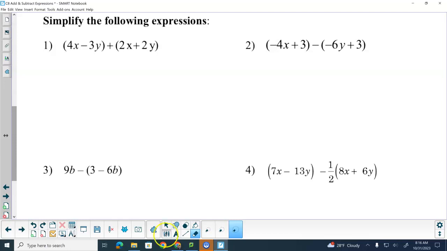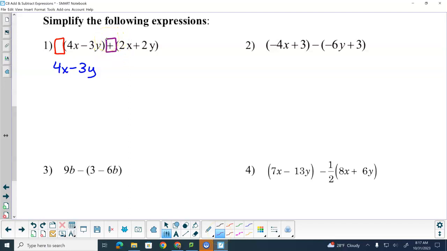Is there, in number 1, anything in front of that first set of parentheses? No. So then I can just rewrite that one without any parentheses. Is there a number in front of the second?